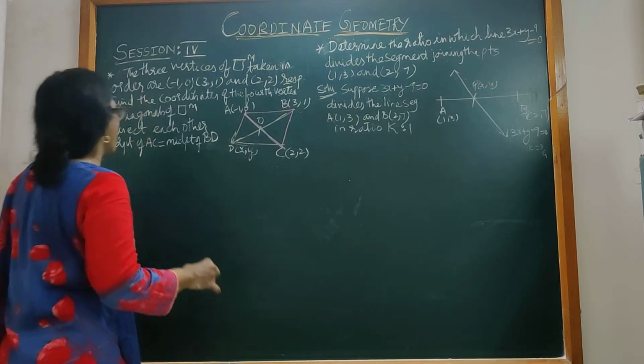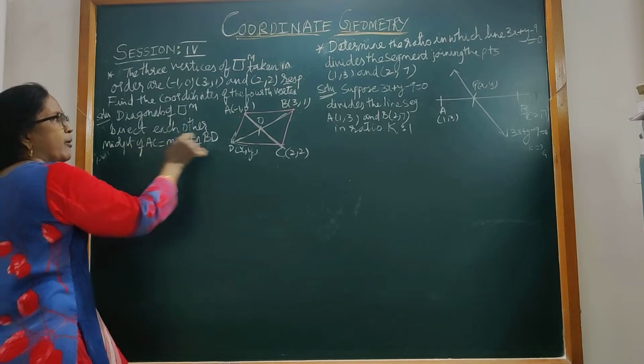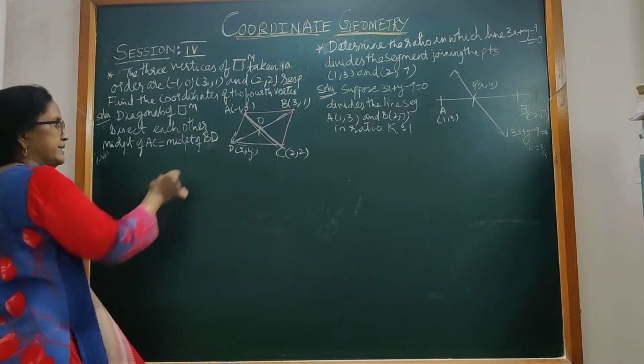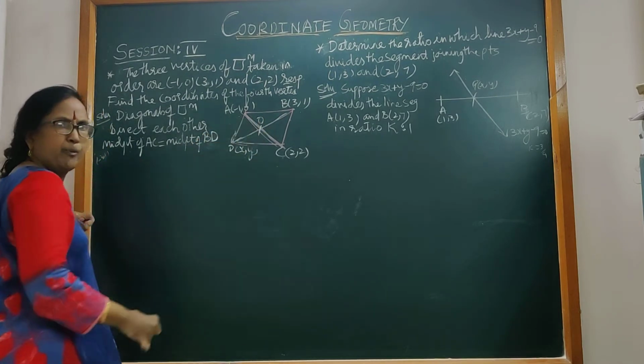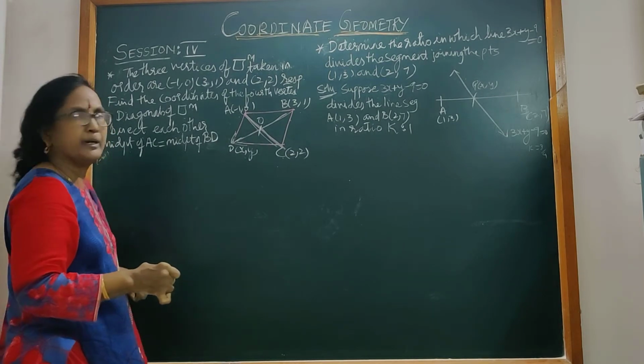It is the midpoint of both. Diagonals of a parallelogram bisect each other, so the midpoint of AC is the same as the midpoint of BD. Now, you know that O becomes the midpoint, so we can easily apply the midpoint formula.